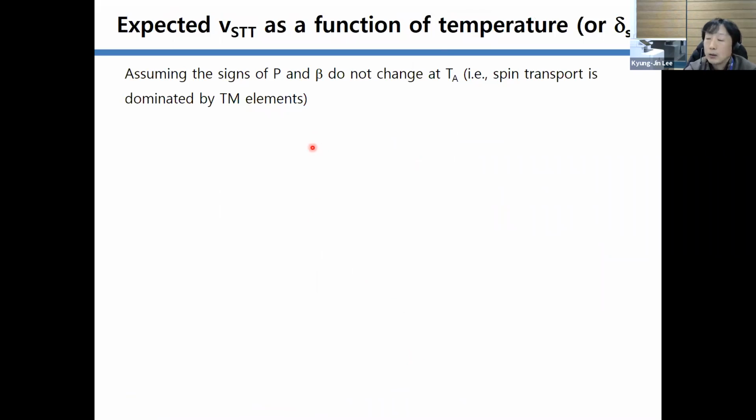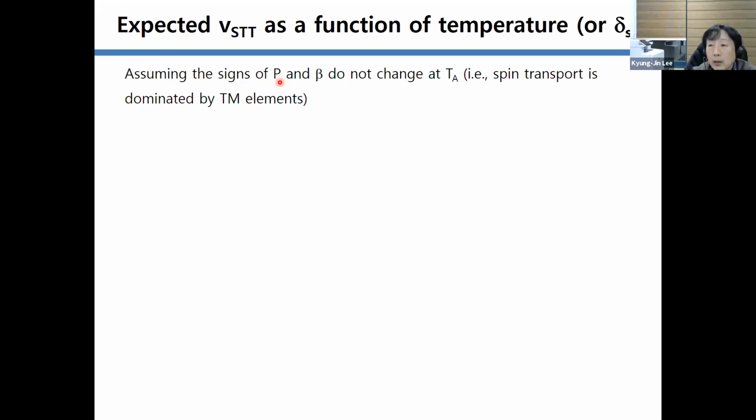Okay, so let me first assume what the expected spin torque induced domain wall velocity is as a function of the temperature, or theoretically delta S. Here we assume that the signs of spin polarization and beta do not change at TA. Concerning the spin polarization, it is for sure because, as I showed before, gadolinium spin polarization is 0.1 and cobalt spin polarization is 0.4.